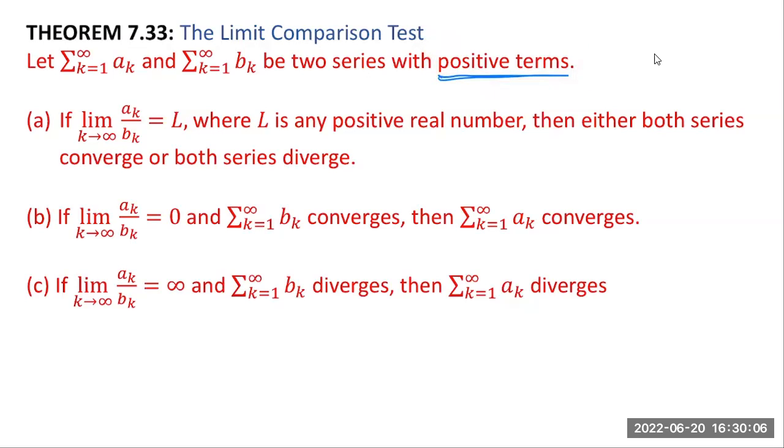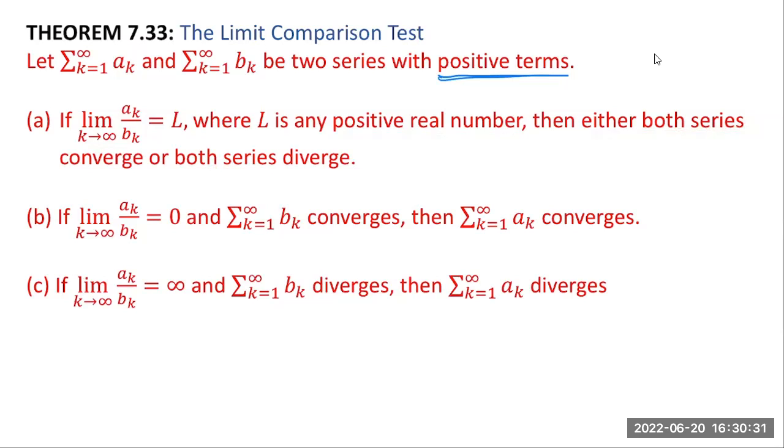These are two series with positive terms. Then here is what the theorem tells us. If the limit as k goes to infinity of AK divided by BK is equal to L, where L is any positive real number, then either both series converge or both series diverge.